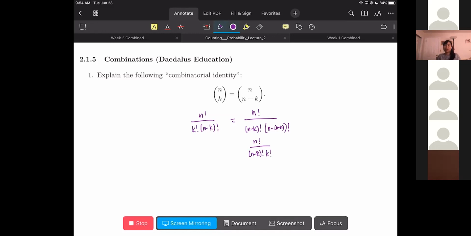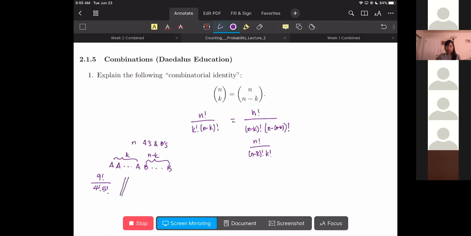So for example, if we look at the example of A's and B's, let's say we want to arrange k A's and n minus k B's. So in total there are n A's and B's. Then the total number of ways I could arrange this, I could think of it as doing n factorial and then correcting for overcounting.